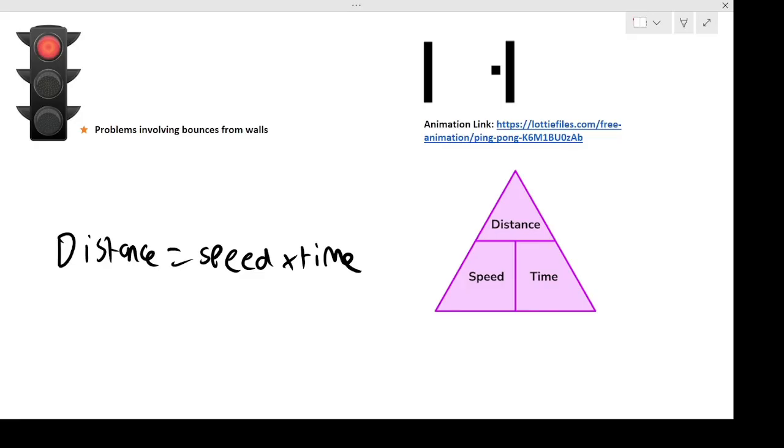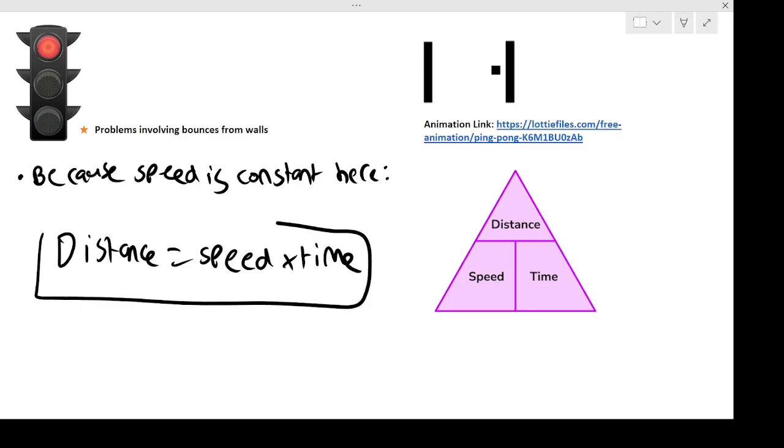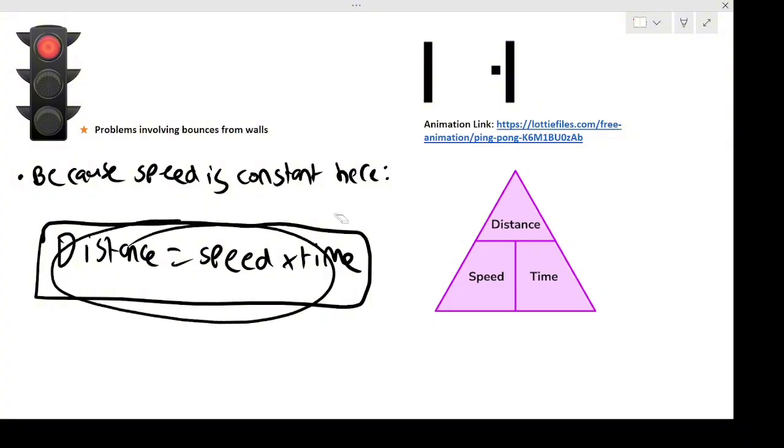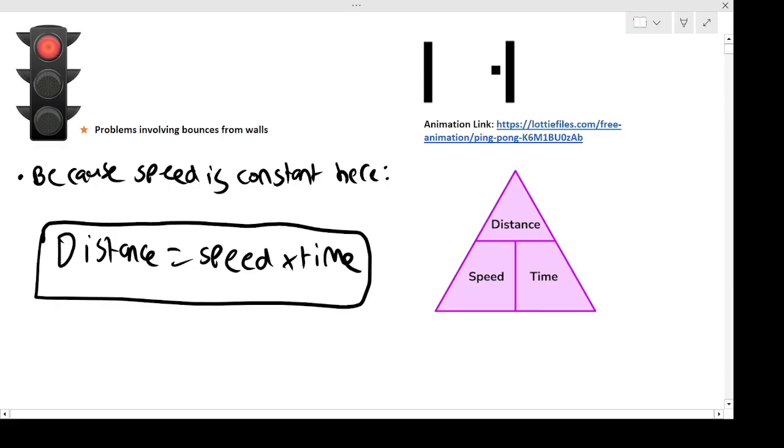In this whole chapter, we're going to be working with constant speed, so we can use this formula. We don't need to use SUVAT or anything like that, because that's constant acceleration. Constant speed we can just reduce to this simple formula, which you should be very familiar with.